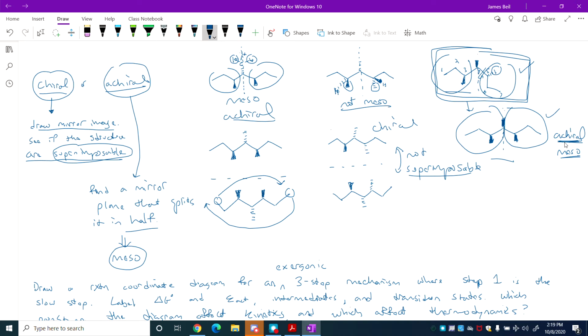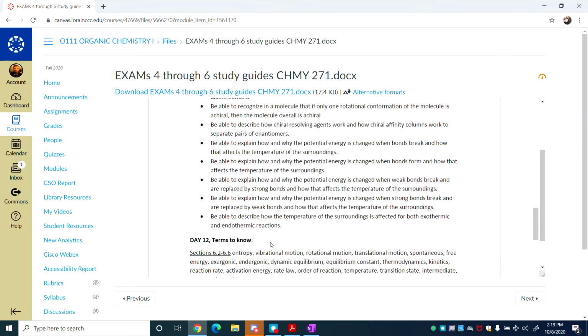But ultimately, for any rotation of the structure, if you draw its mirror image, you may have to rotate some of the bonds or flip the structure over to see if the mirror image is superimposable upon it. So that test should still work in the same way.